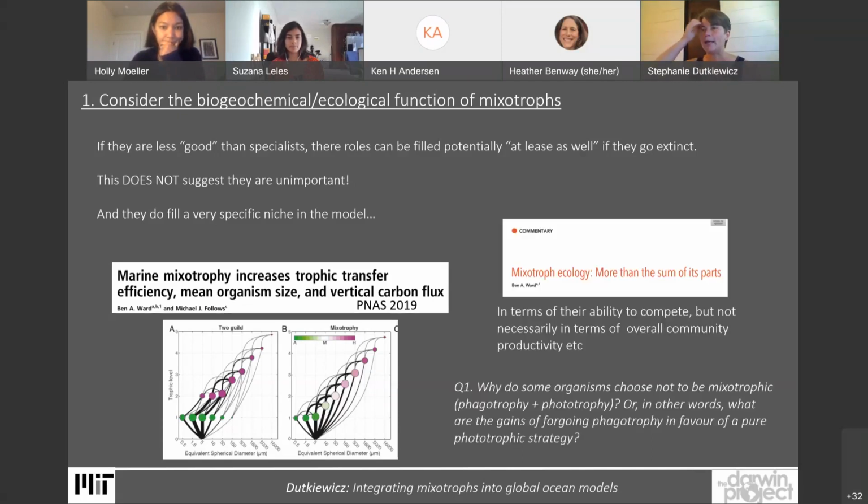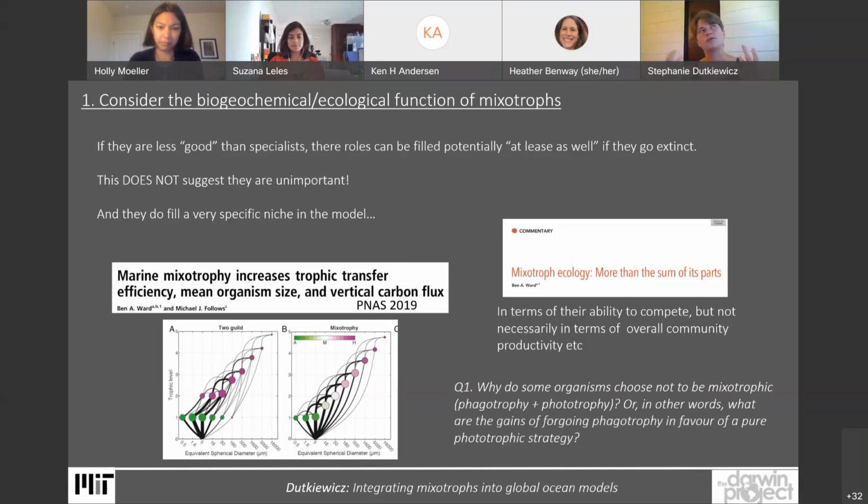And so the way I've been wrestling with it is that the experiments I did are actually quite different, at least relative to Ben's one, where he had two different experiments. One where there were 2 guilds, so you could either be an autotroph or a zooplankton, and there were no mixotrophs, or where everything could potentially be mixotrophic.